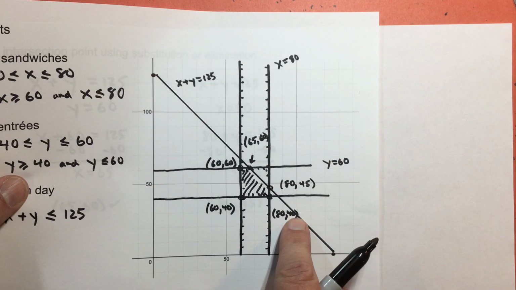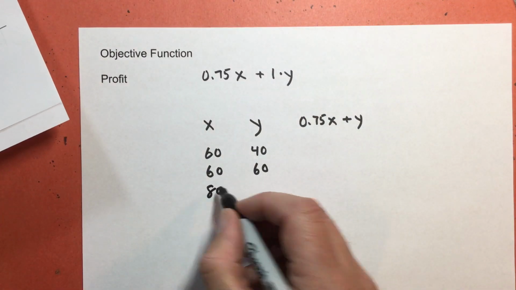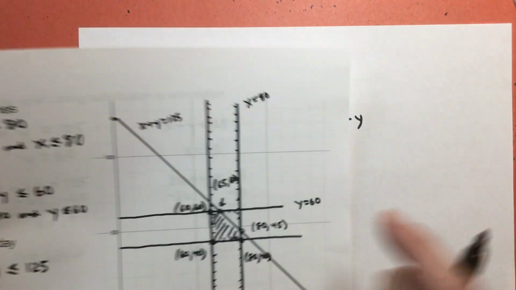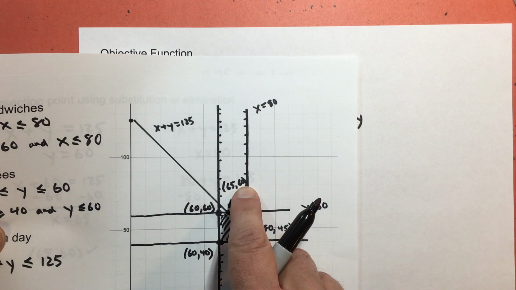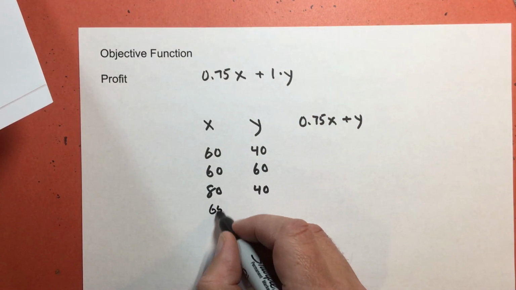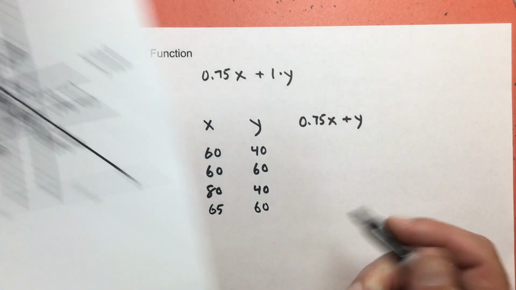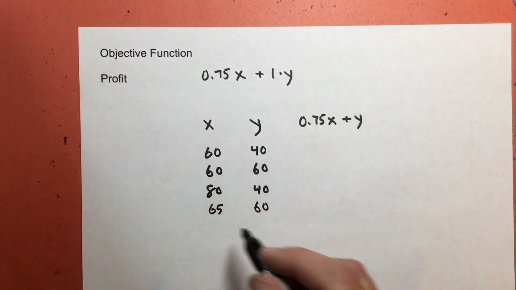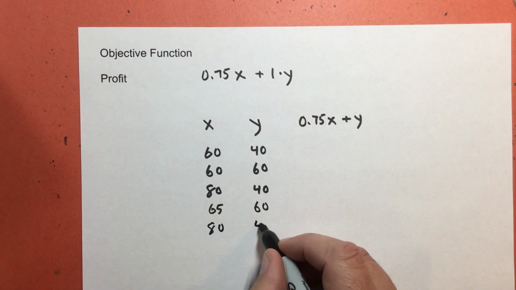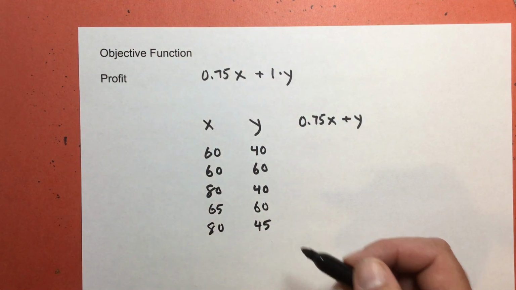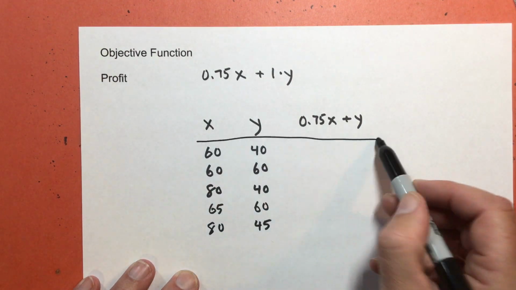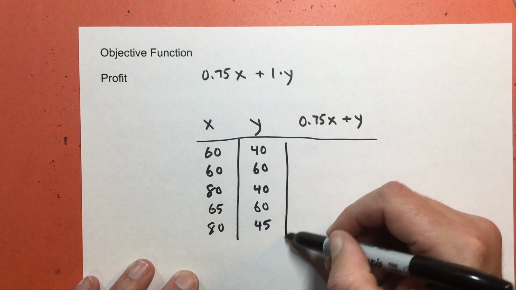I have 80, 40. 65, 60. And finally right here I've got 80, 45. Draw my lines in here to make it a little bit easier to understand.